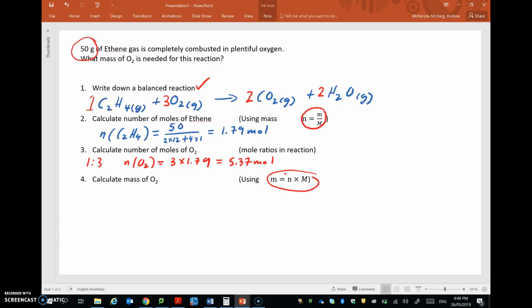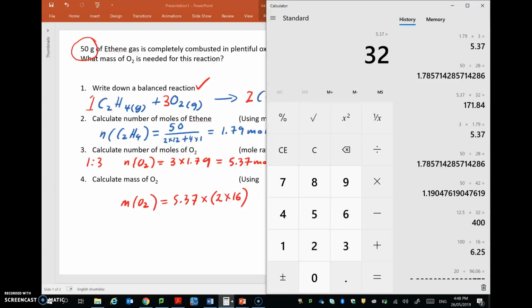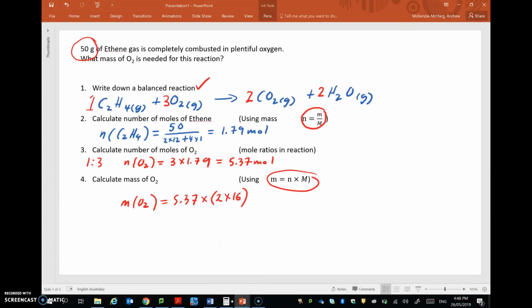Okay, so the mass of O2 is equal to the number of moles, 5.37, times the molecular mass of oxygen, 2 lots of oxygen, 16 each, so 5.37 times 32, 171.84. Can you convert that to three significant figures? 172 grams.